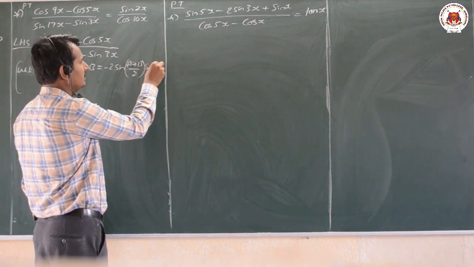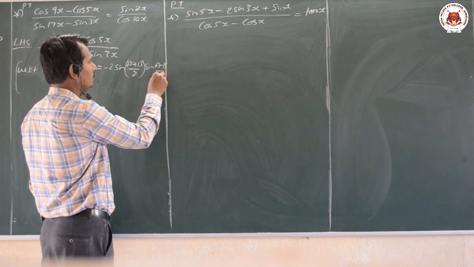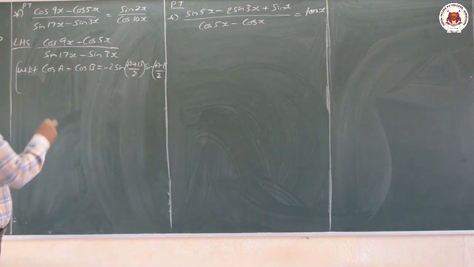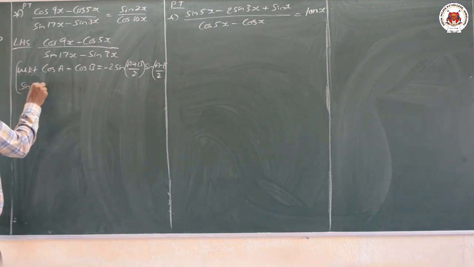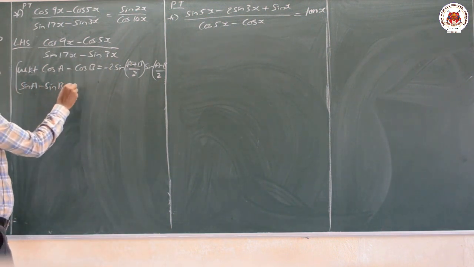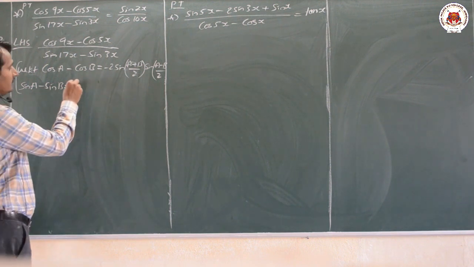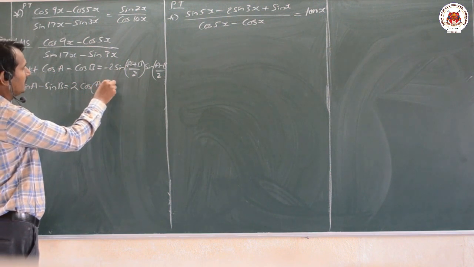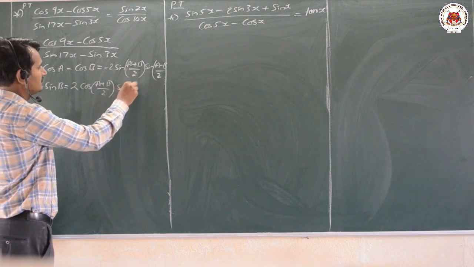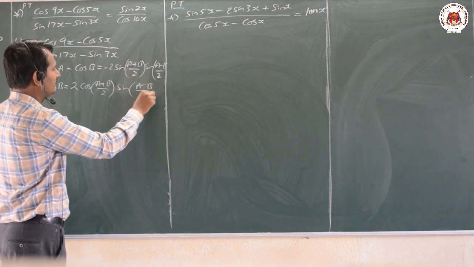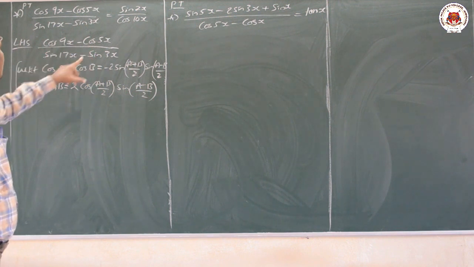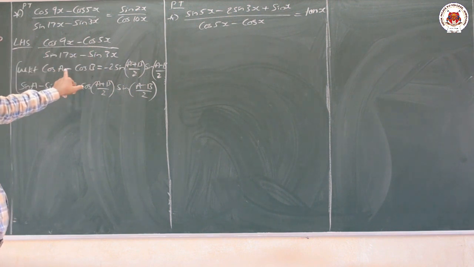Similarly, sin x minus sin y, that is sin A minus sin B, is equal to 2 cos of A plus B by 2 into sin of A minus B divided by 2, which is your formula.